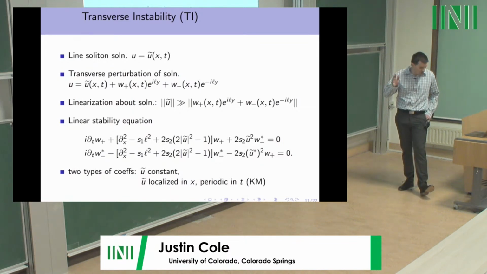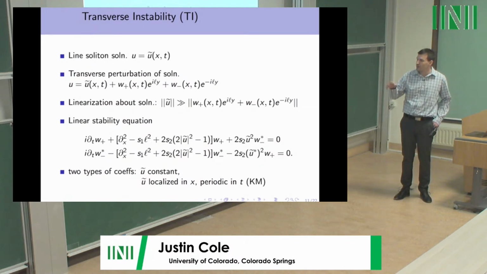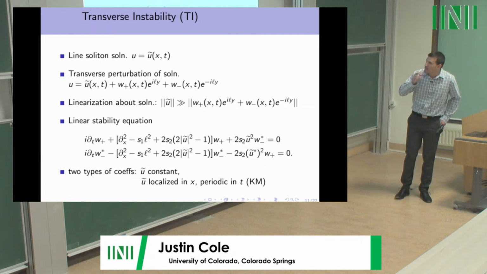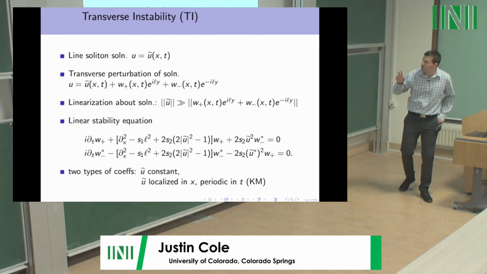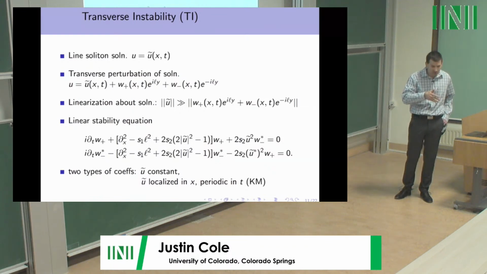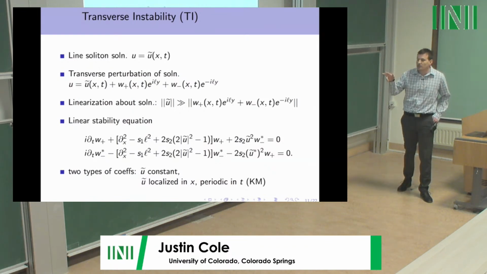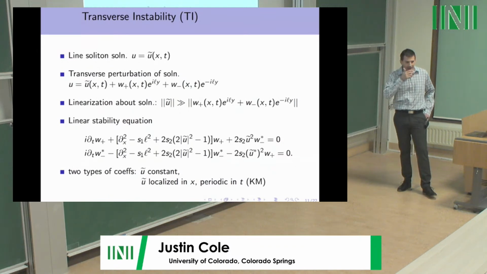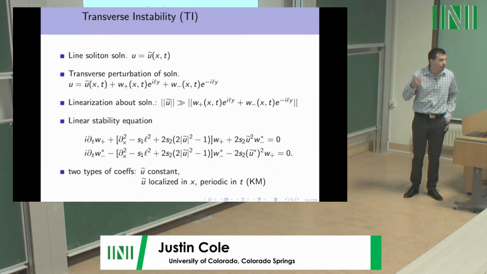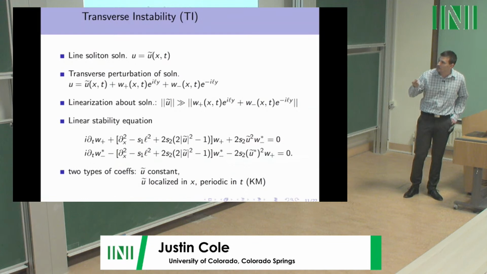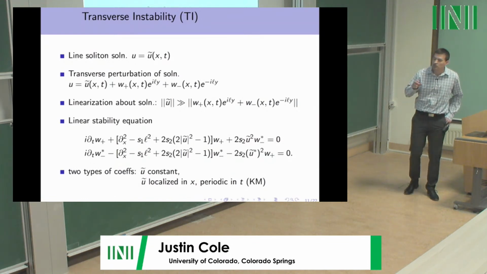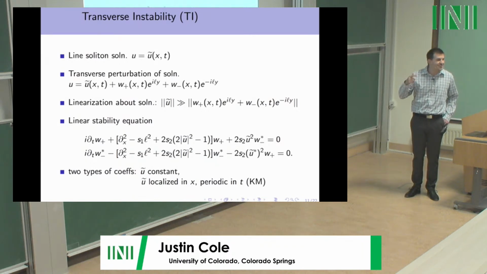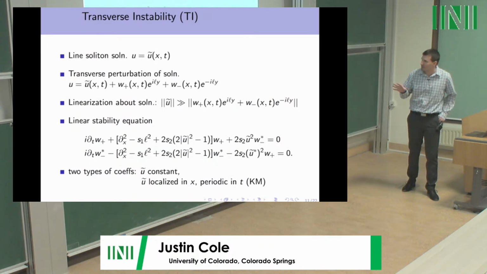That's straightforward, we can solve it, and I'll talk about that in a moment. That'll be the modulational instability. The second case, which we were most interested in, was the case of the Kuznetsov-Ma soliton, which, recall, was localized in x, periodic in time. So that's a natural Floquet problem, where you have a system whose, after discretizing in space, has coefficients which are periodic in the evolution variable. I'll talk a little bit about that in a moment.